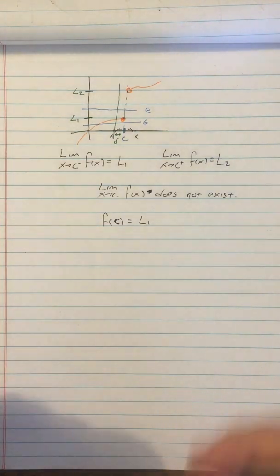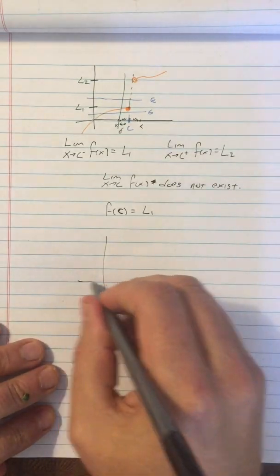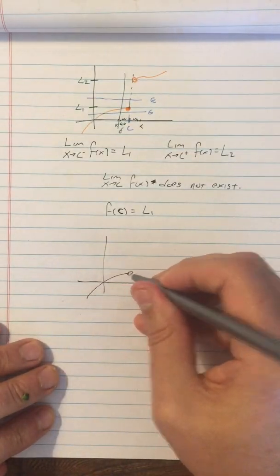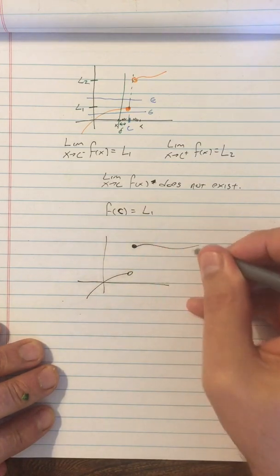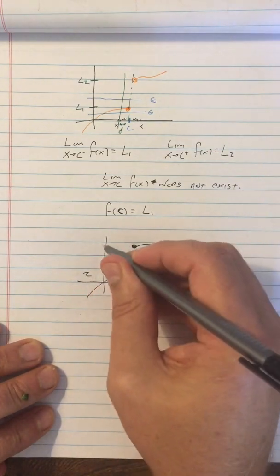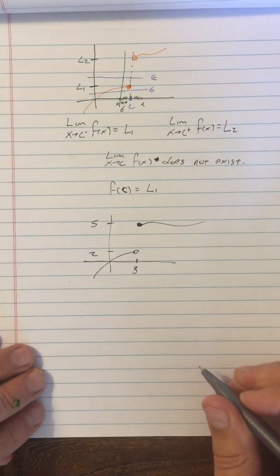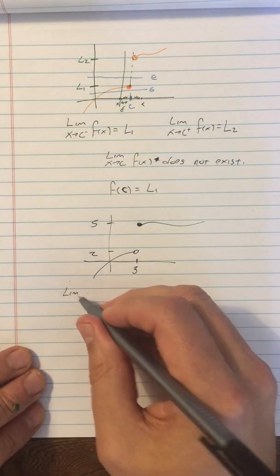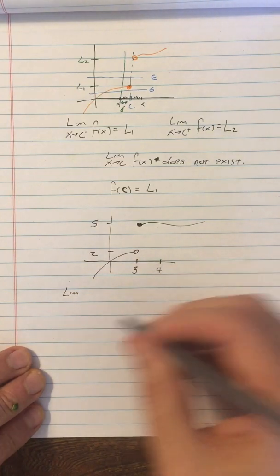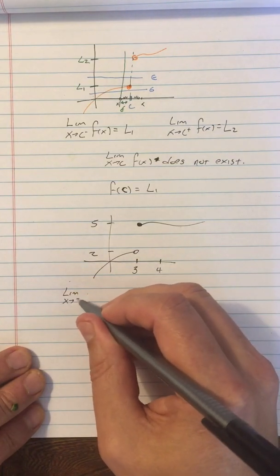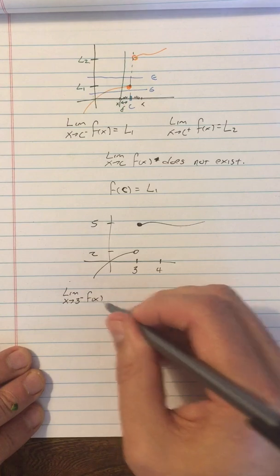So just to give it some specific numbers, if you see a graph, and let's say you see this, and let's say this is 2, and this is 5, and this is 3. All right, so what you have to be able to say is, let's put 4 over here as well. What is the limit as x approaches 3 from the left of f of x?